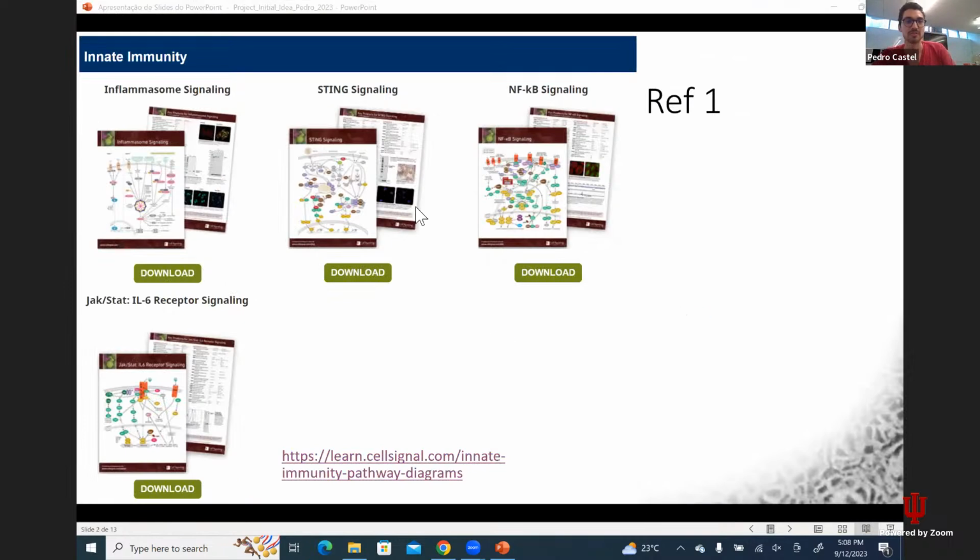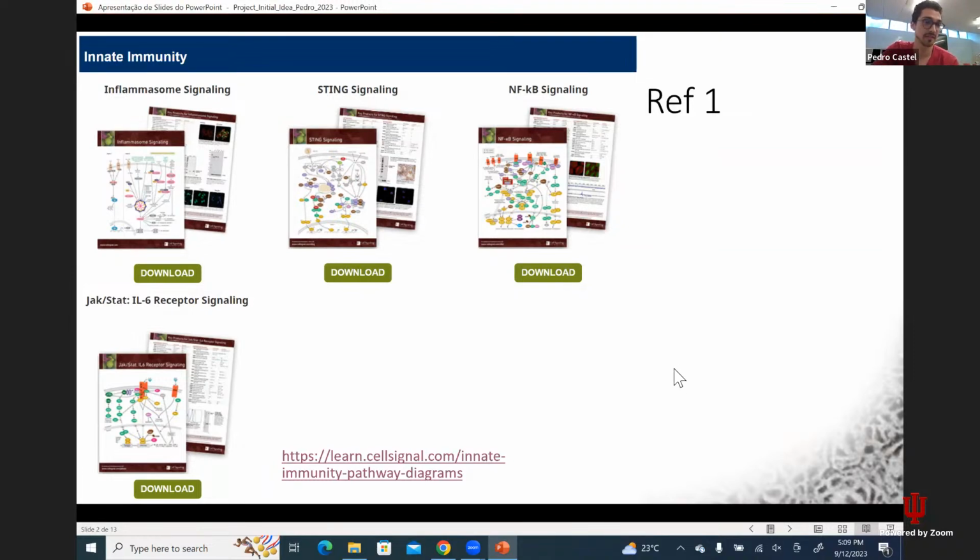Sorry. So this is innate immunity in this site, one of the many other resources they provide in terms of networks. So you will find things about cancer, you will find things about differentiation. So I highly recommend this source, and it is updated and very complete.